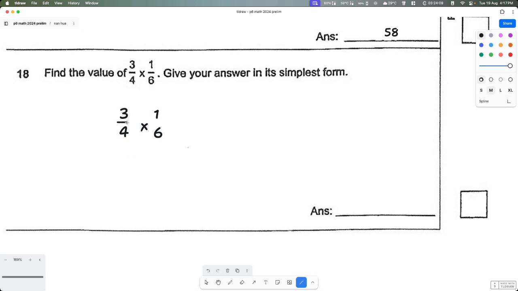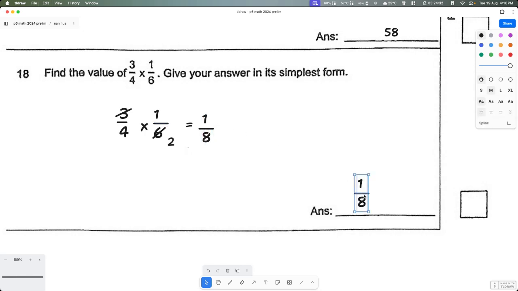You see a cross, so 3 and 6. You can cancel 3, and then you can cancel 6. So 6 divided by 3 is 2. So you just put 2. That means your answer should be, in this case, 2 times 4, it will be 1 over 8. That's the answer: 1 over 8.